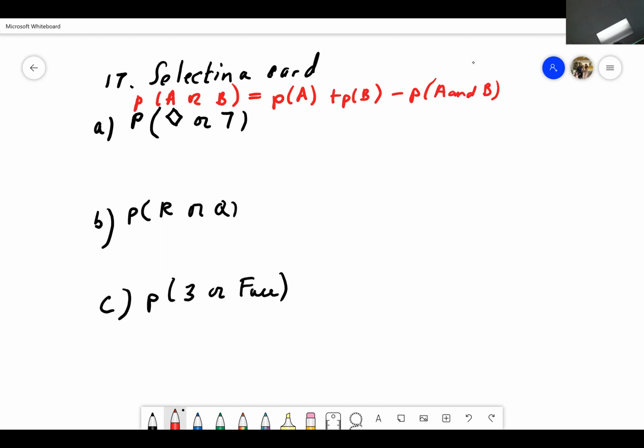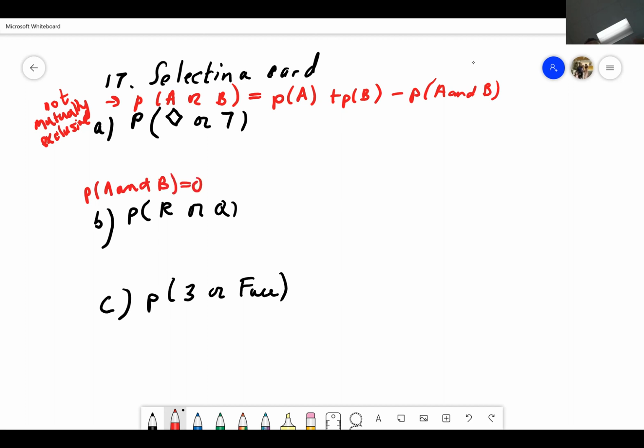Of course. Thank you. All right, so if you remember from last class, when the events are not mutually exclusive, we use that. Technically we always use it, but when two events are mutually exclusive, the probability of A and B equals 0.